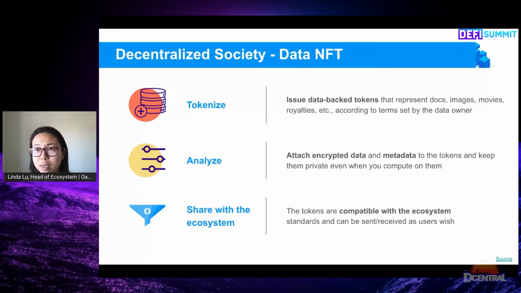We keep saying data is valuable, data is oil, but how can we really allow the data owner to be part of that monetization model? So what Oasis does is provide infrastructure to enable data tokenization and these types of assets.